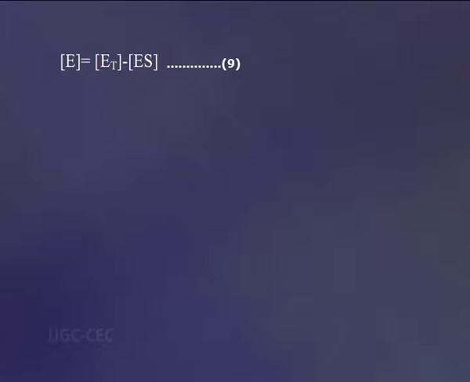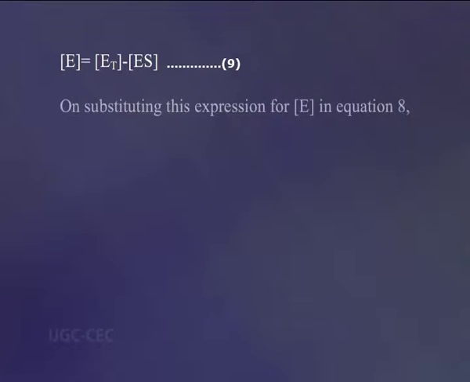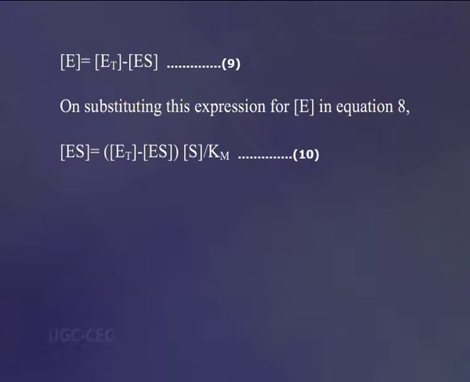This is equation 9. On substituting this expression for E in equation 8, we get ES equals (ET minus ES) multiplied by S divided by Km, equation number 10.